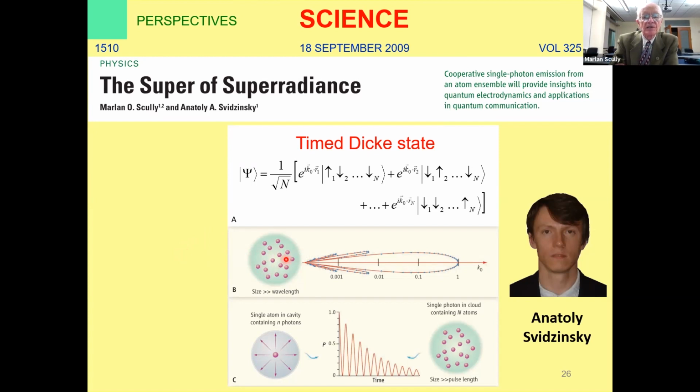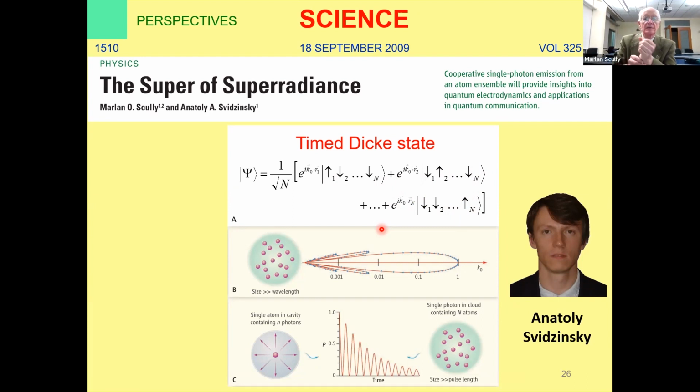We excite this ensemble, and the state which is prepared by this extended grouping of molecules has these factors R1, R2, up to Rn in it. And so we have the first spin up and the last spin up could be. We don't know which. So it's a coherent superposition of such an ensemble.